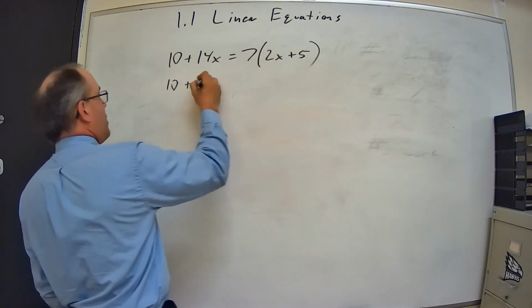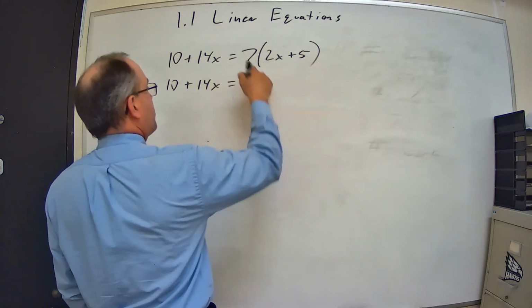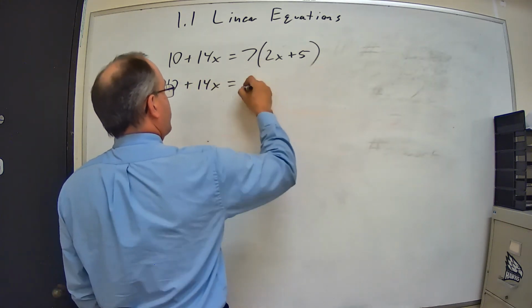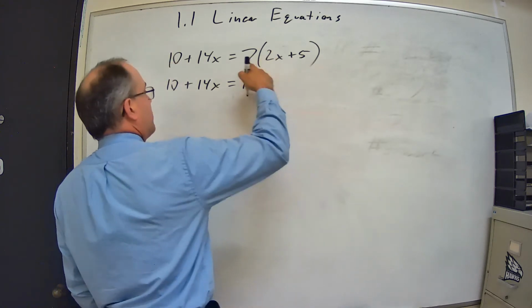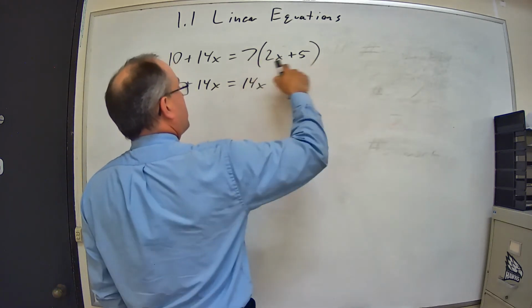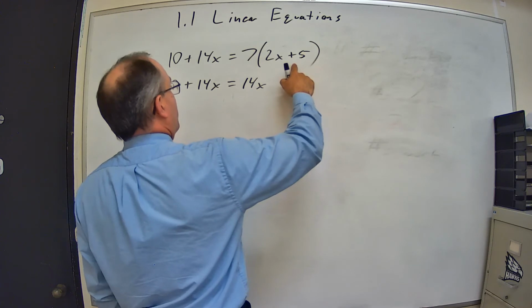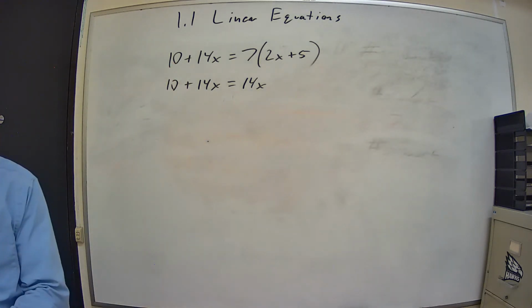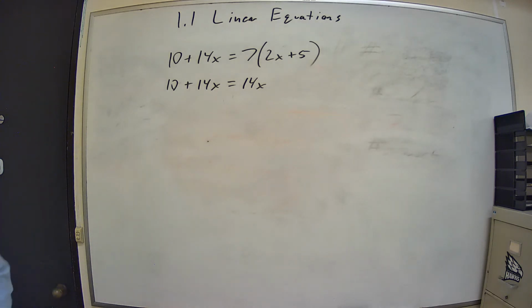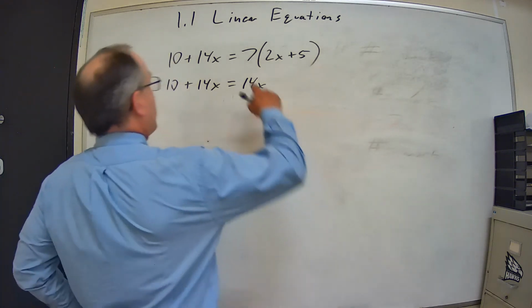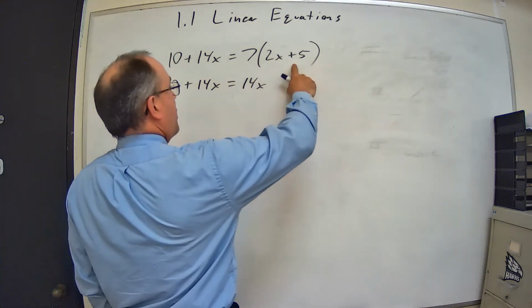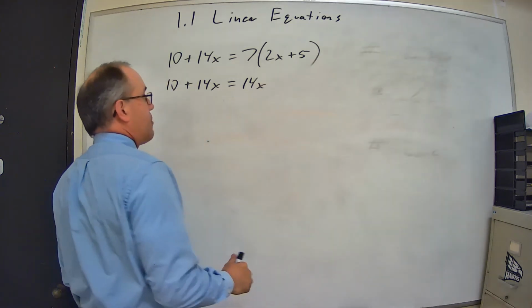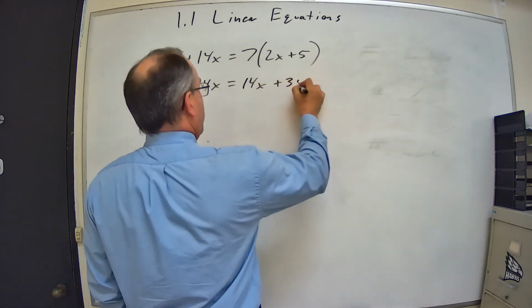So 10 plus 14x is equal to 7 times 2x is 14x, plus, did I write that down correct? Yep, just making sure. 7 times 5 is 35.